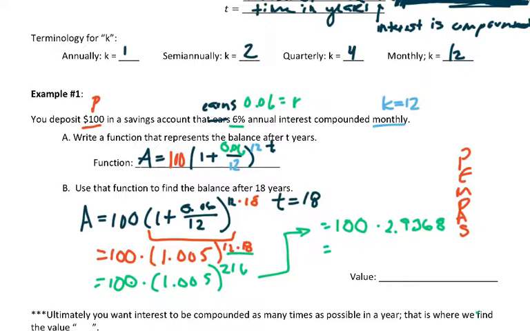And if we multiply that last piece out, we're going to end up with $293.68. So after 18 years of not touching that money, you have almost tripled the value in this account. So there you go.